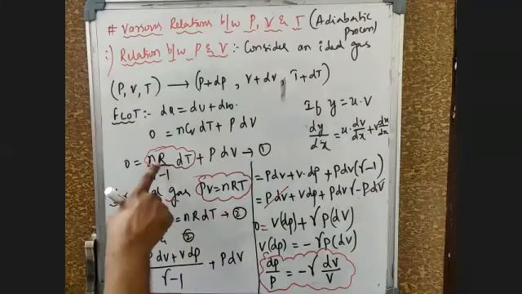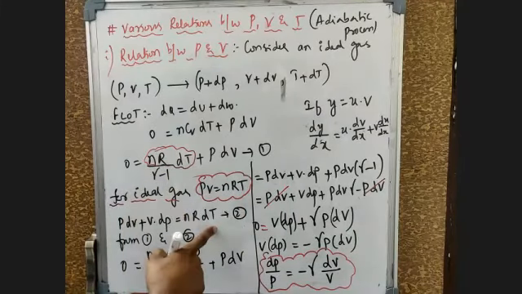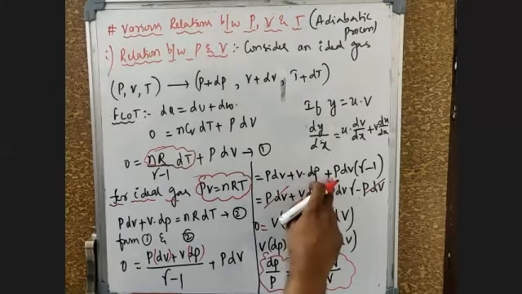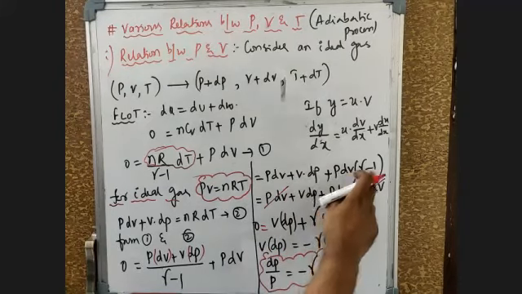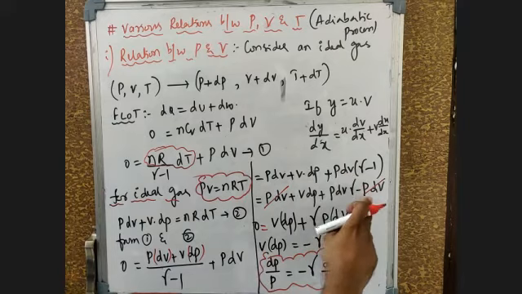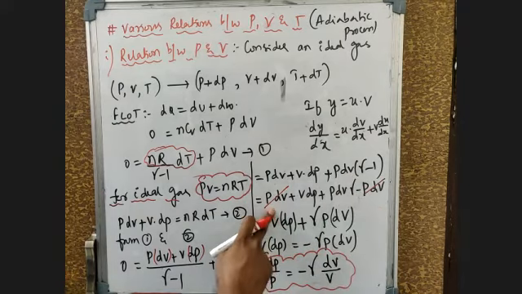Now from equations 1 and 2, in place of nR dT, I'm substituting the value from equation 2. So 0 is equal to (P dV plus V dP) divided by gamma minus 1, plus P dV. Multiplying out the denominator, the minus P dV and plus P dV get cancelled.